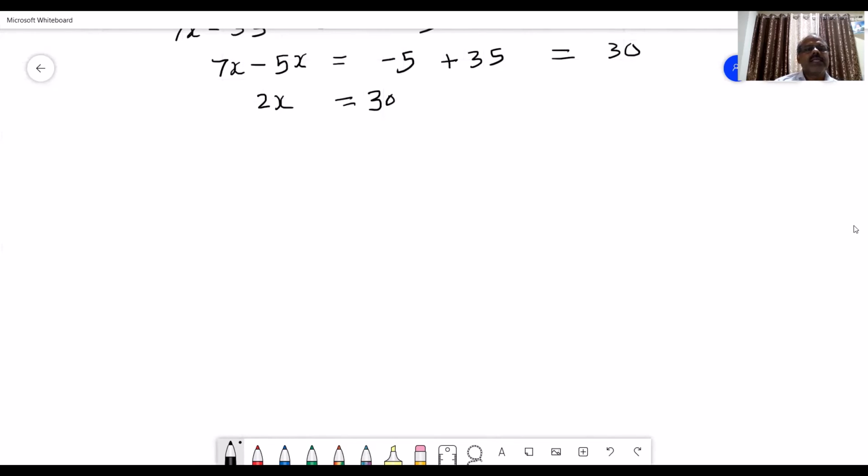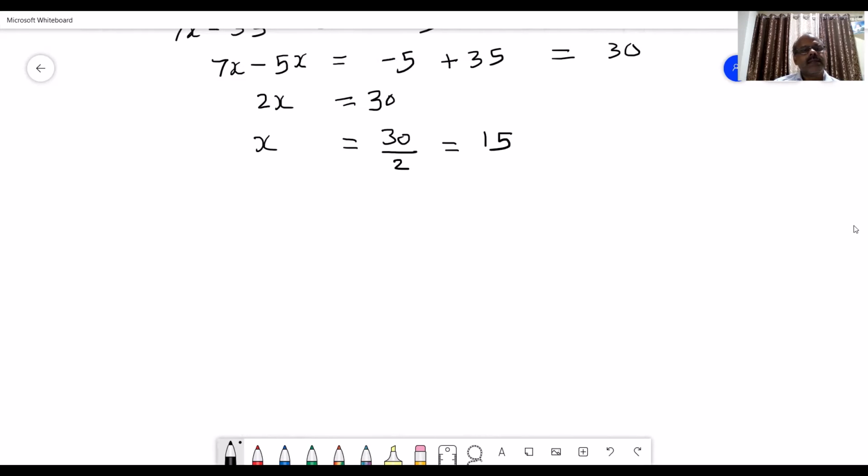2X equal to 30. Now X will be equal to 30 divided by 2, that is 15. So we got the answer for the variable X that we have assumed. What is X? X represents the age of the younger brother.